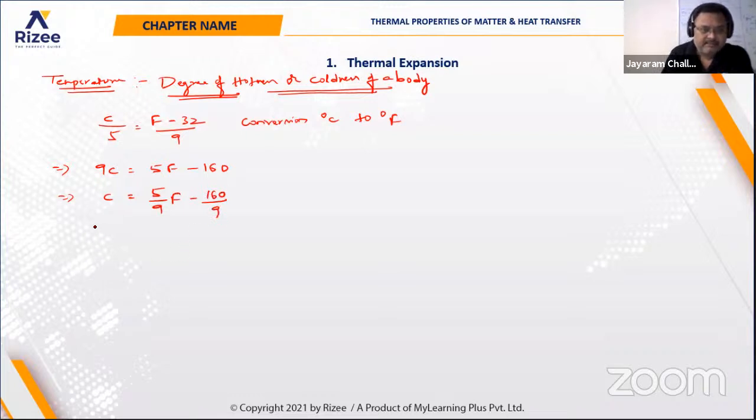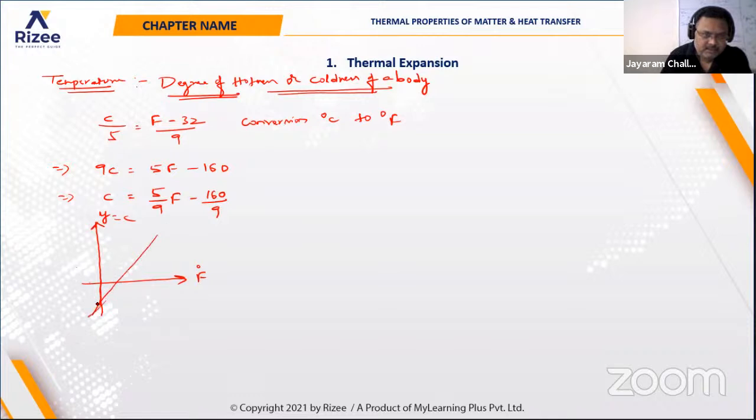So the shape of the graph for this is going to have a negative intercept. The slope will be positive and the intercept is going to be negative. Suppose this is your C on the y-axis, and this is your F on the x-axis in degrees Fahrenheit, then the graph will be like this.